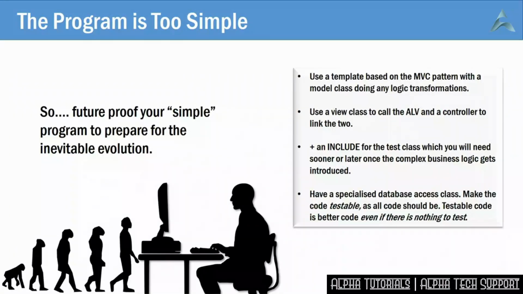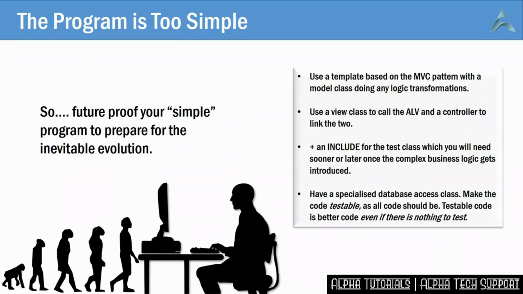Plus an include for the test class, which you'll need sooner or later as soon as that complicated business logic starts arriving in droves, which it will. It's best to have a specialized database access class because otherwise you can't test the code and you need to make the code testable, as all code should be.